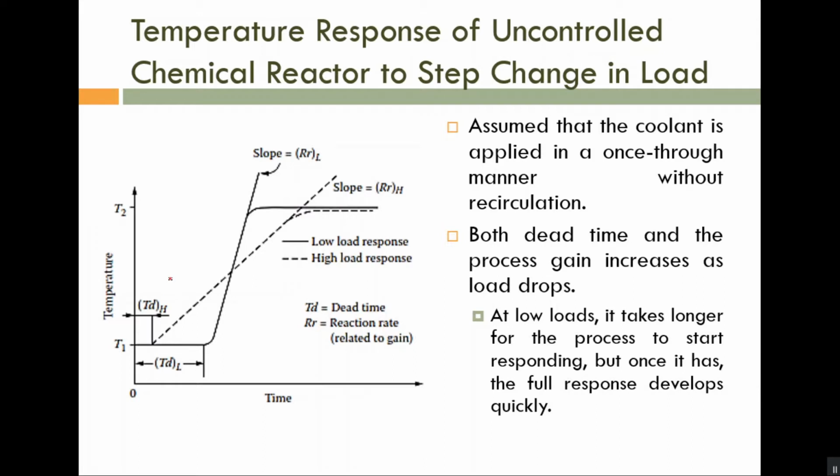We are assuming that a step change of load has occurred, meaning the change in demand, and that it is a step change. Assume two different changes in load: one is a small change in load, and the second one is a large change in load. So the demand is different.